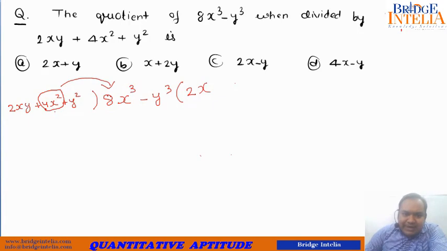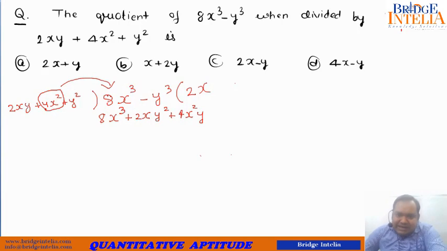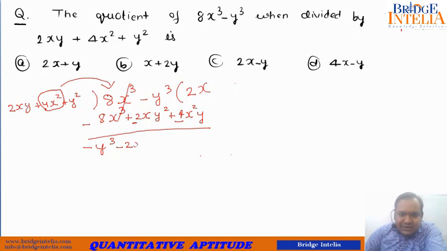If you multiply this entire expression with 2x, you will get 8x cube plus 2xy square plus 4x square y. What is the motive? The motive is to subtract and cancel one term at a time. If you now subtract this, what you get is minus y cube minus 2xy square minus 4x square y.